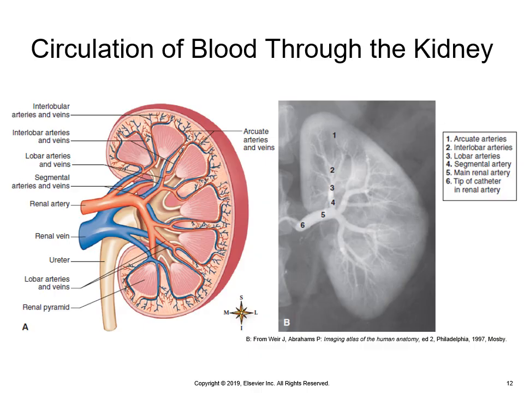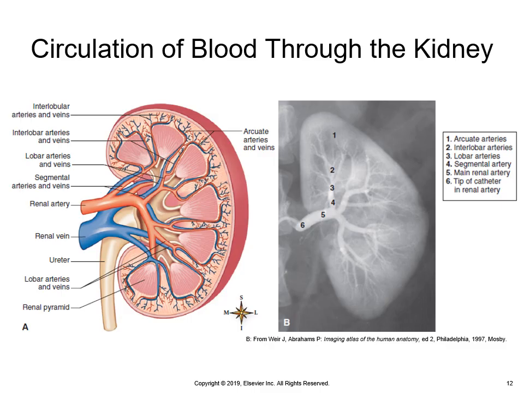From there, it branches into smaller vessels called segmental arteries. If you see right here, the red, these are segmental arteries. Then it goes into lobar arteries, and then finally into interlobar arteries.